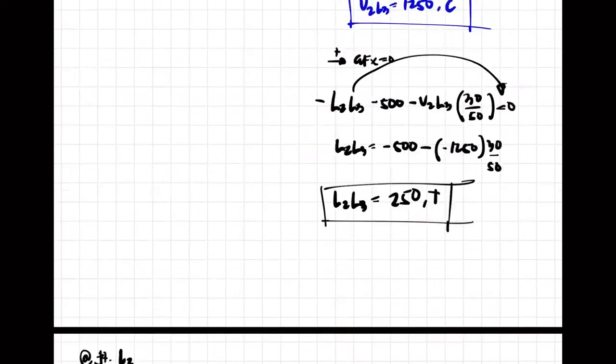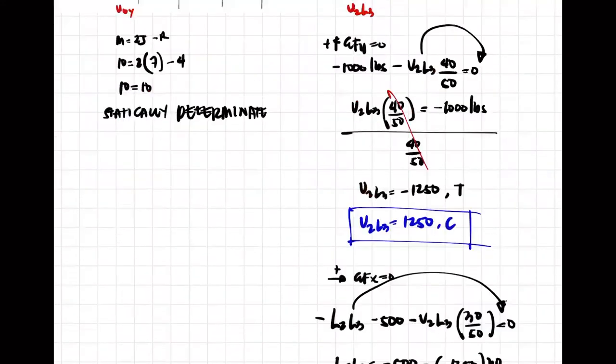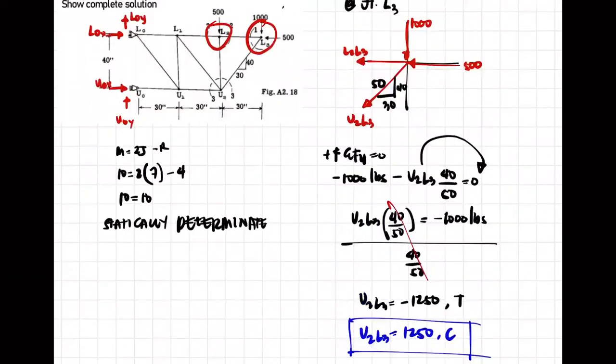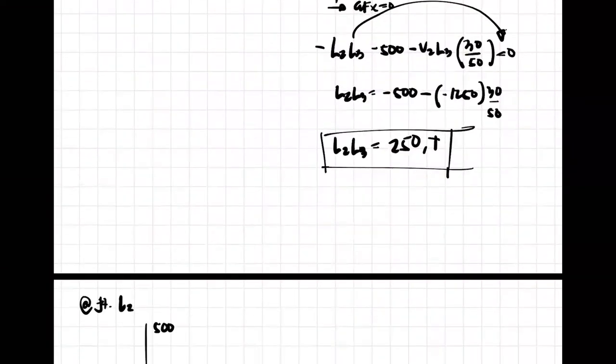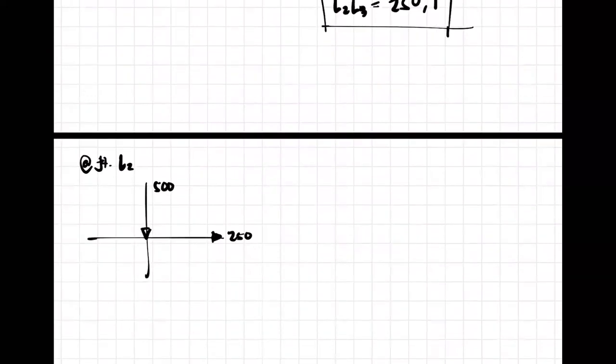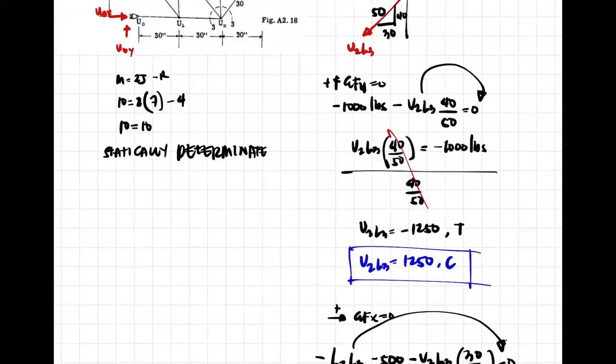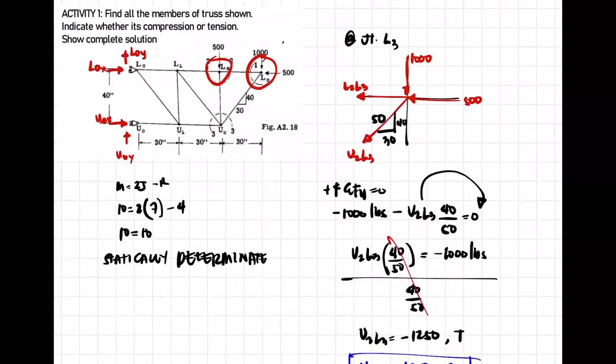This is not 500 pounds. And then these members: L2, U2, and L1, L2. Okay, this is U2, L1, L2.